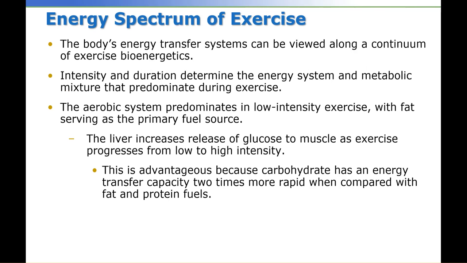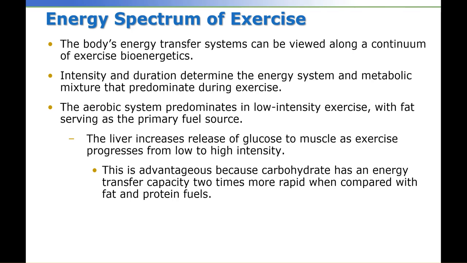Energy spectrum of exercise. The body's energy transfer systems can be viewed along a continuum of exercise bioenergetics. Intensity and duration determine the energy system and metabolic mixture that predominate during exercise. And that makes sense. If you're doing a sprint up to 10 seconds, let's say up to 8 seconds, around that time you're using your ATP-phosphocreatine system.